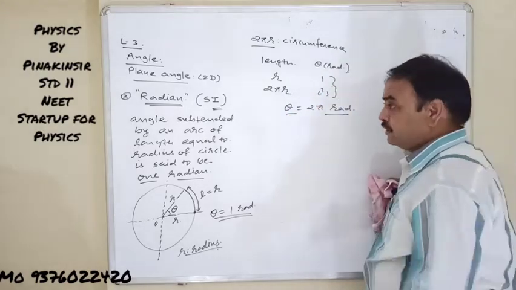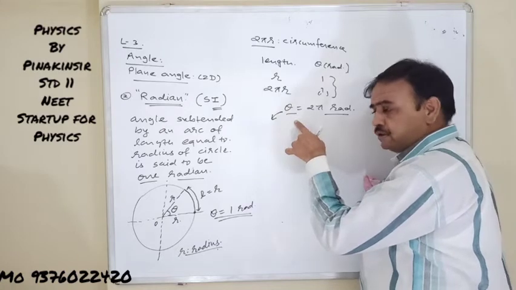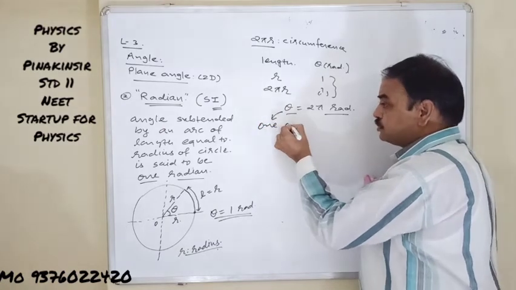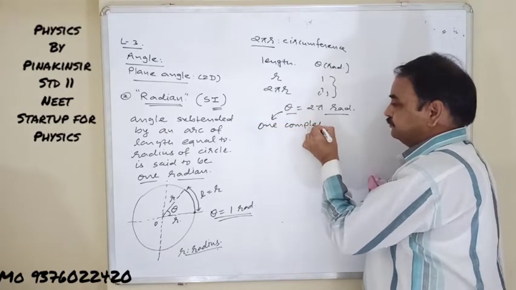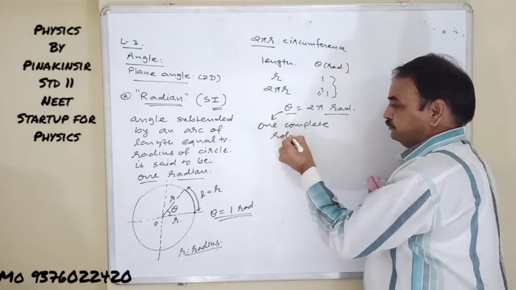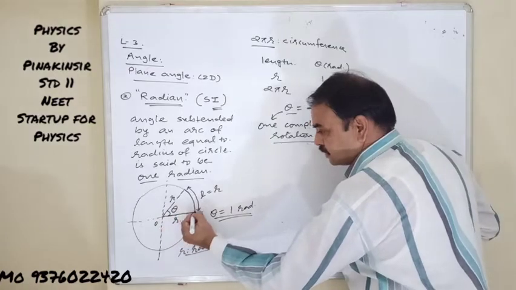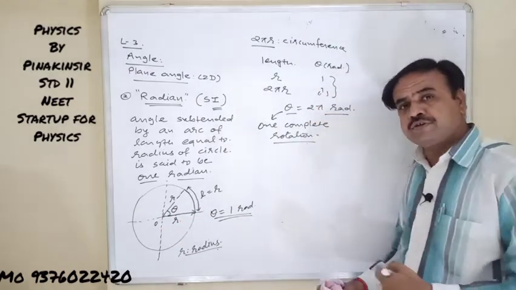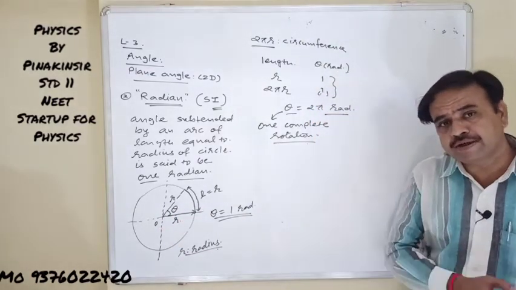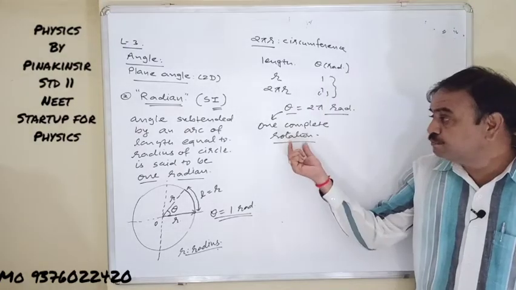What does it mean? That particular theta is for 1 complete rotation. Means if this ray rotates 1 full rotation, 1 complete rotation, then angle subtended is 2 pi radian.